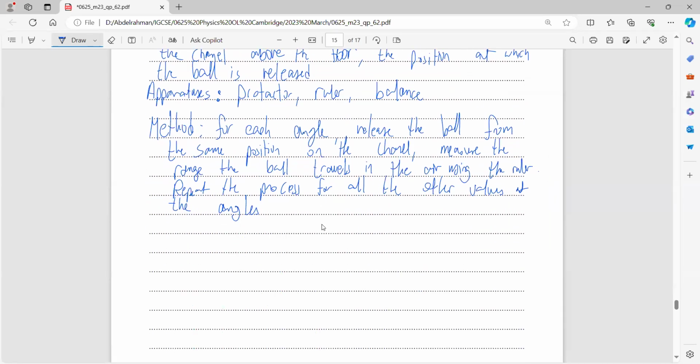The conclusion, how can I? Conclusion is very systematic, as we know. Again, what do I do in the conclusion? Repeat more than once and take average. And then record the readings in the table. And then compare the results.